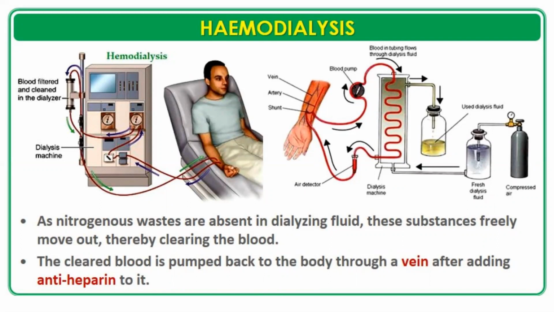The clear blood is pumped back to the body through a vein, not to the artery. Remember, here the blood is taken from the artery, but it is pumped back to the vein. And after adding antiheparin to it, because previously heparin was added as the anticoagulant.